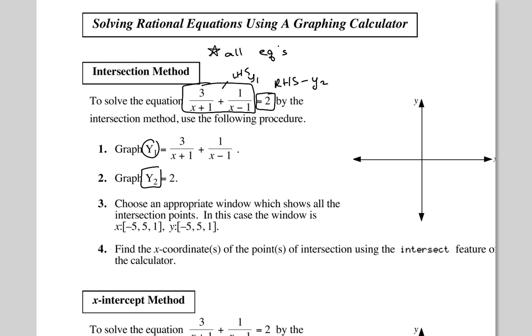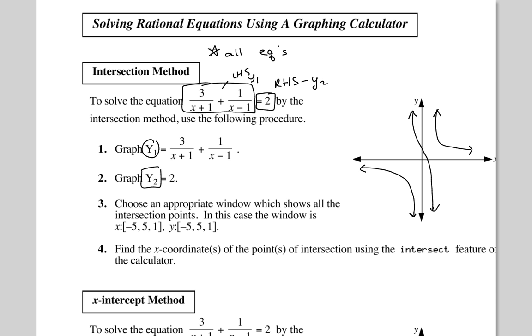And let's try and sketch this out. I believe there was something like this going on. And then there was some craziness like this. And then there was something like this. And then y equals 2 cut across.